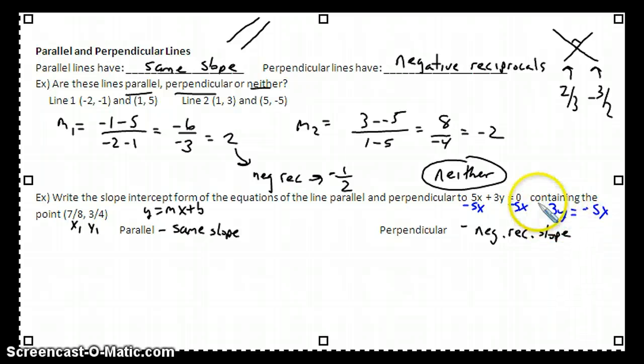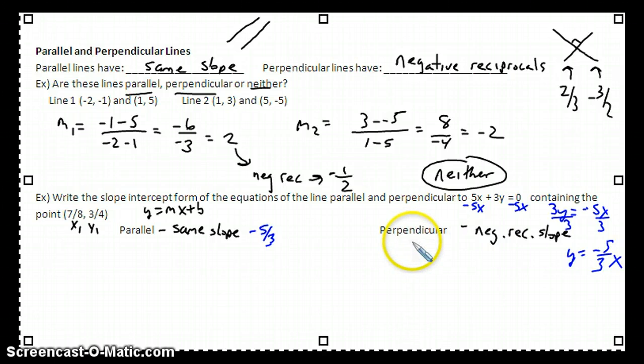And so if we keep solving for y, we'd end up dividing by 3, we'd end up getting y equals negative 5/3 x. So this line here is going to have a slope of negative 5/3. And this slope here is going to have a slope of positive 5/3.